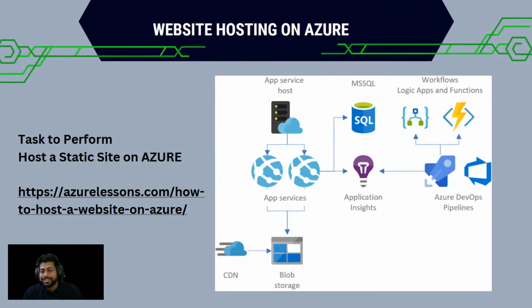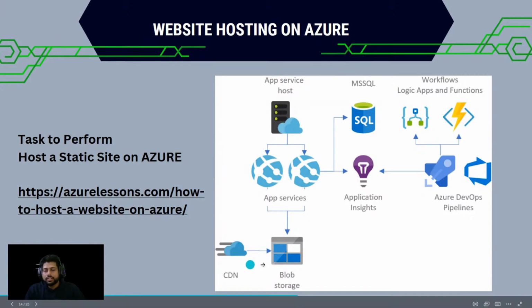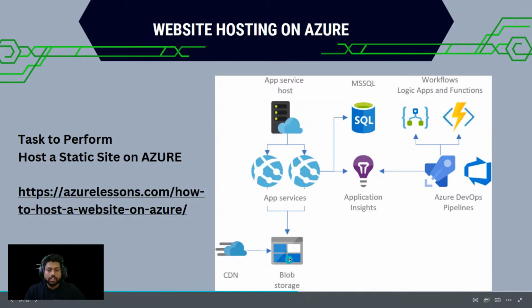On the right you can see the image also here. App Service is the app integration service that we're going to use to host a website, and a CDN is running. Blob storage is to store the data, and there is a database. Application Insights we use to analyze and monitor the production and performance of a website.